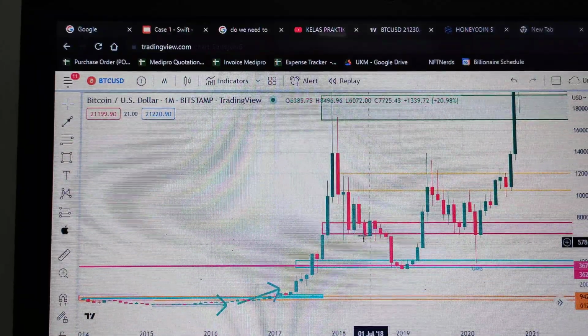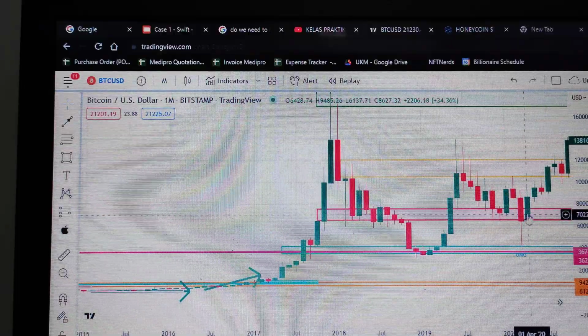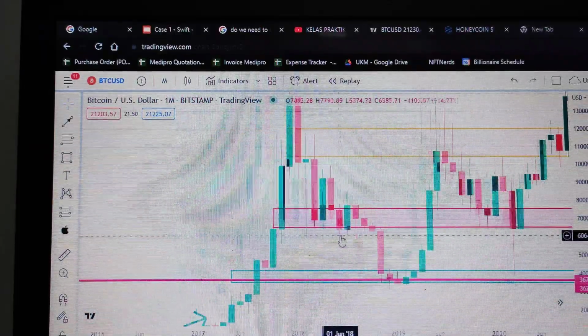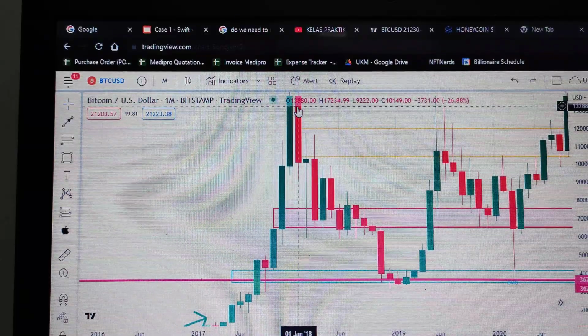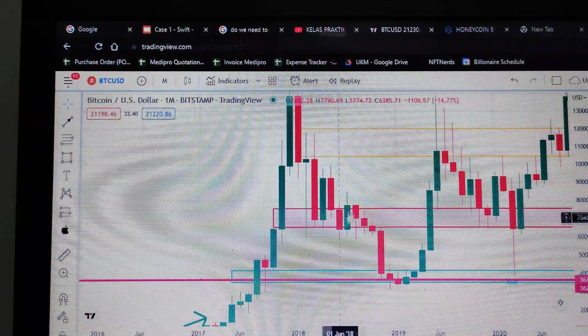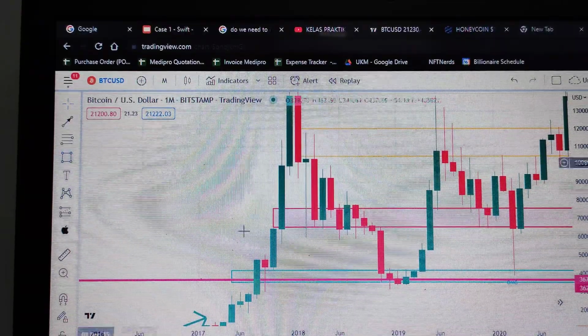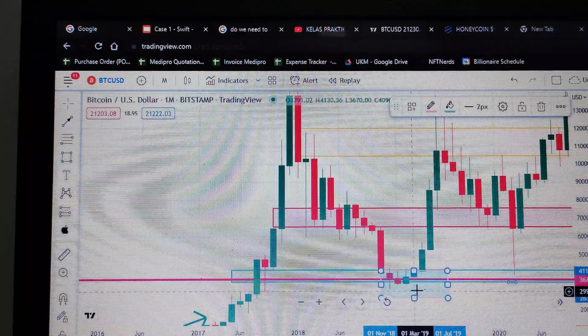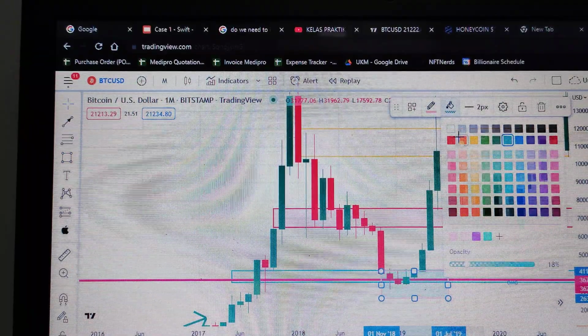Okay, so this is basically the 2017 time where Bitcoin flew up. See, Bitcoin flew up back already. It flew up during 2017, 2018, then went down, and then as you guys can see this part, let me make it clearer.